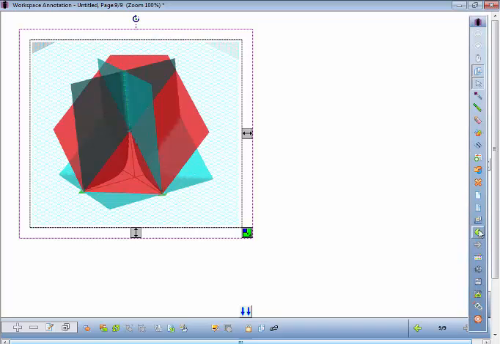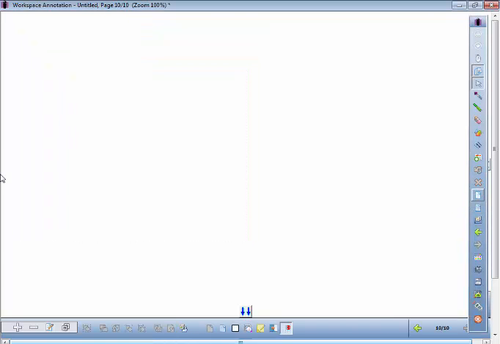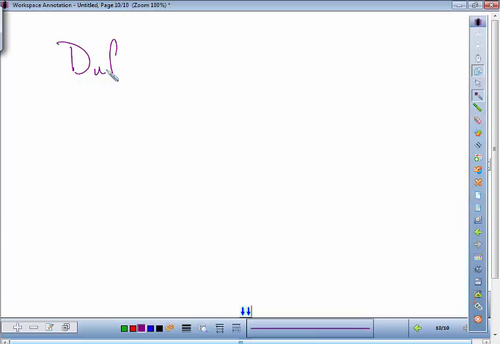We have one more idea that I'll see if I can derive really quickly. And let's look at this from a two-dimensional point of view.